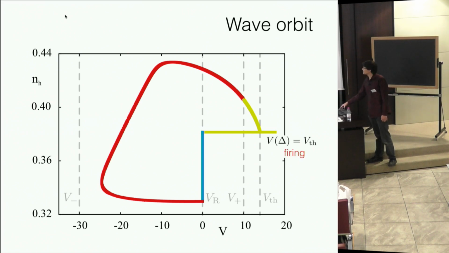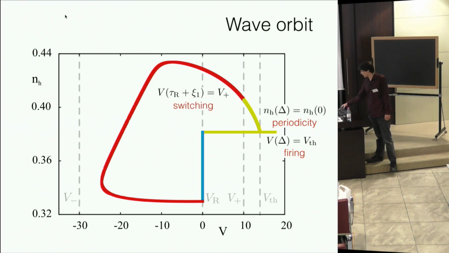And effectively there are three conditions that we need to impose. One, that at periods of delta in our traveling wave coordinate, we are actually at the firing threshold. Secondly, it's not good enough just that V is at V threshold, but also that we really are on a periodic orbit, because this underlies the wave.